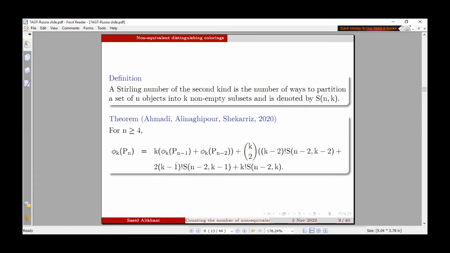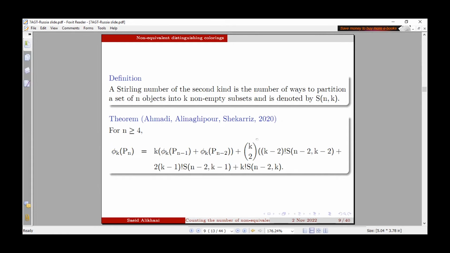If we want to know about small phi sub k of Pn, which is the number of distinguishing k-colorings of paths, where k can be greater than or equal to the distinguishing number, we have a recursive formula, but it is not homogeneous.